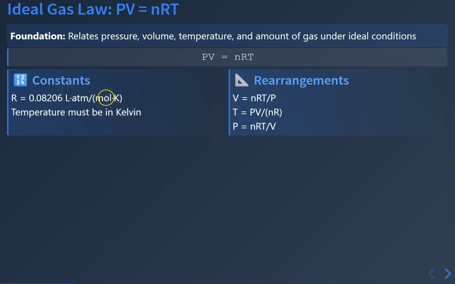So here V is in liter, T is in Kelvin, pressure in atm, and n is number of mole. So R is here 0.08206 liter atm per mole Kelvin. And rearrangement already I told: V is equal to nRT by P, T is equal to PV by nR, P is equal to nRT by V.